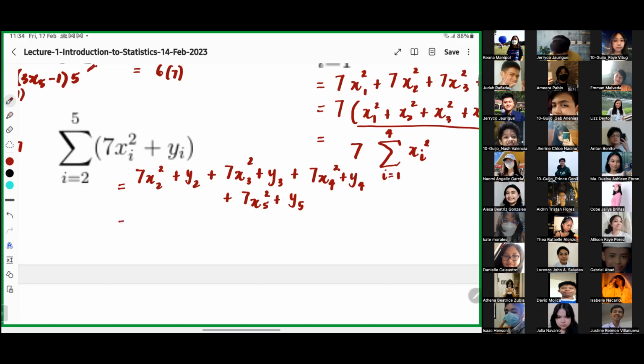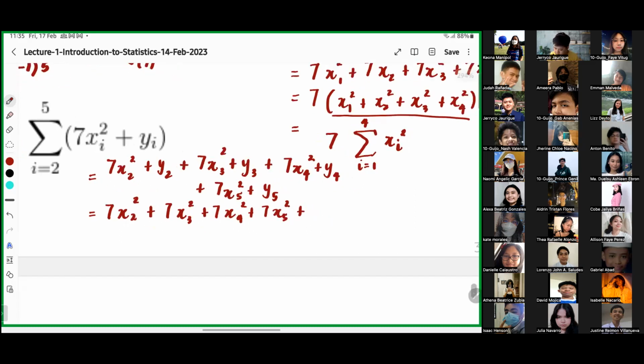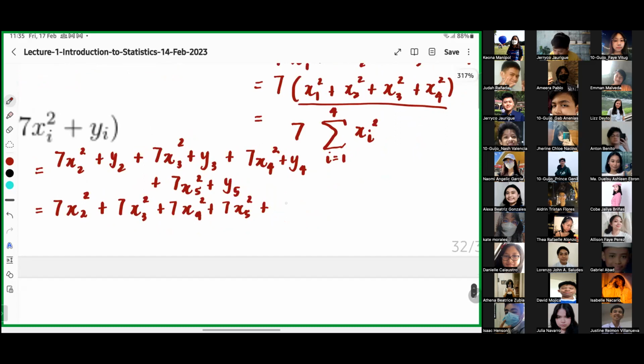It will become 7x sub 2 squared plus 7x sub 3 squared plus 7x sub 4 squared plus 7x sub 5 squared plus, so pagsamahin ko lahat ng may mga y. So what will happen here? Y sub 2, y sub 3, y sub 4, y sub 5.